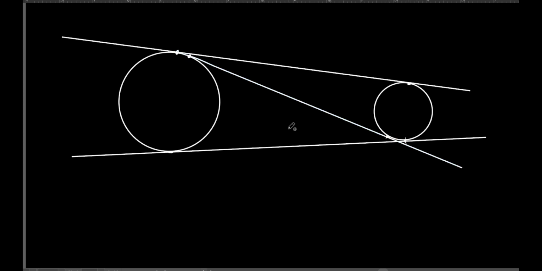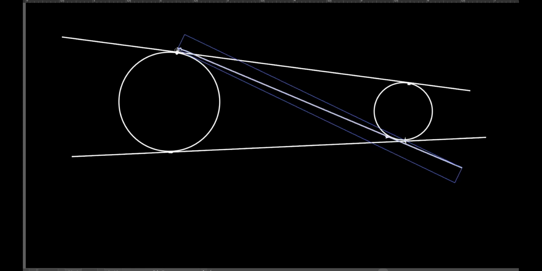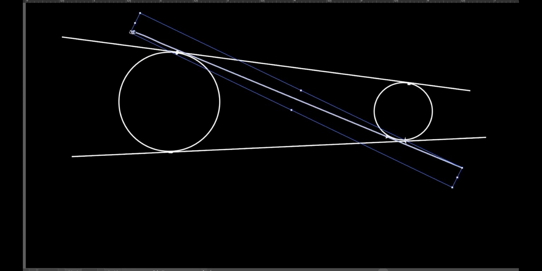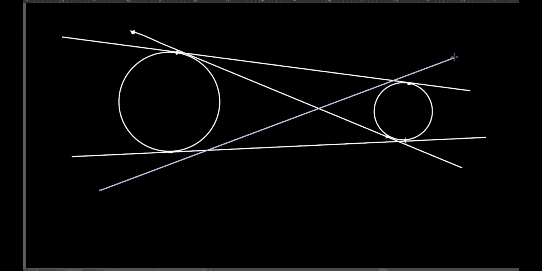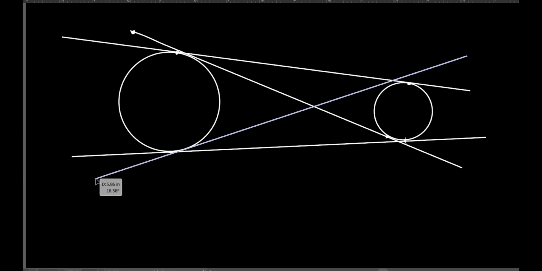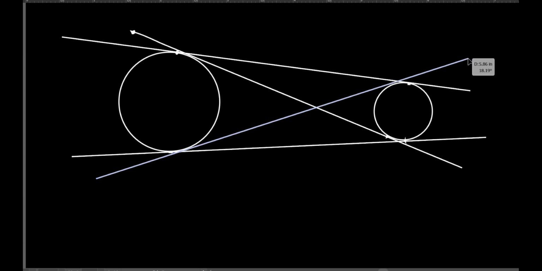Close enough, not perfect, but you get the idea. Let's extend this one out a little bit. Where's the fourth one? It could be, depending on which way you're going. Let's take this down a little bit. There you go. That's not too bad.